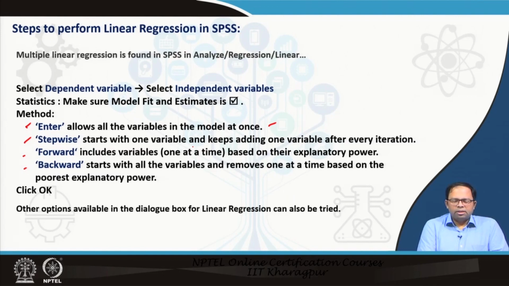Forward includes variables one at a time based on their explanatory power, and backward starts with all variables and removes one at a time based on the poorest explanatory power. Finally, after choosing the appropriate method for our study, we click on OK, and then we get the results of the linear regression.